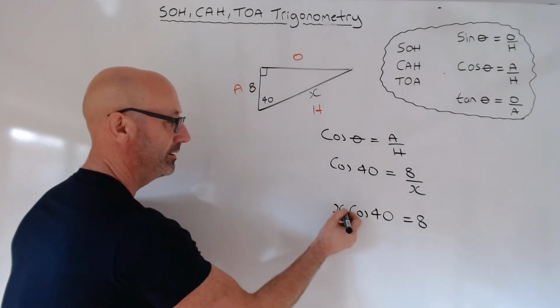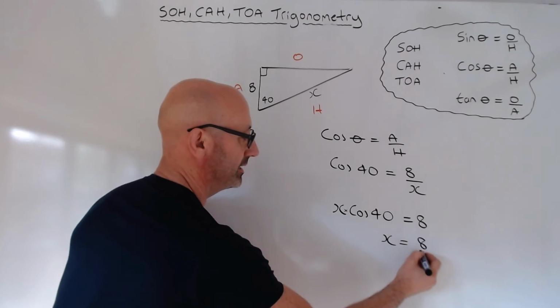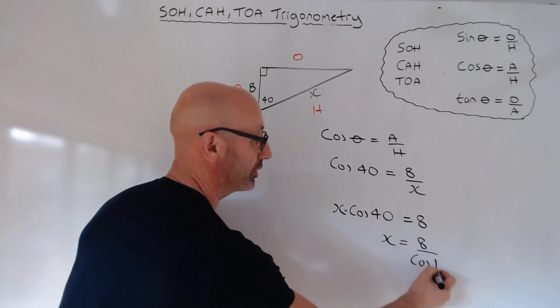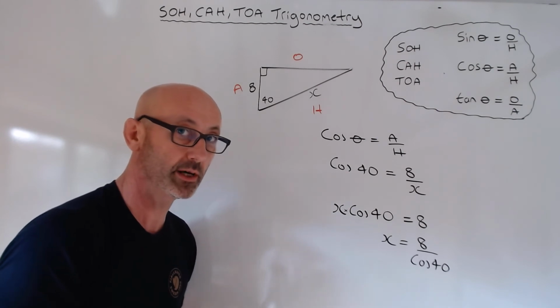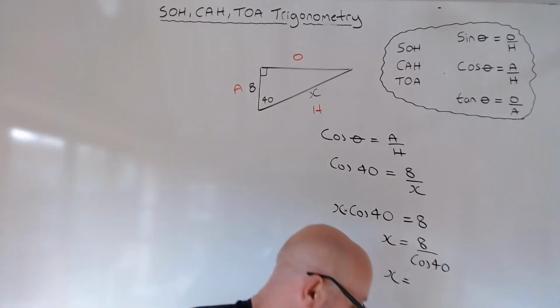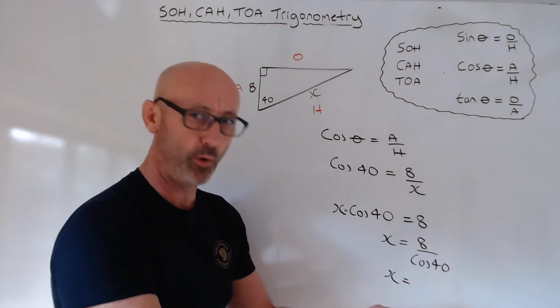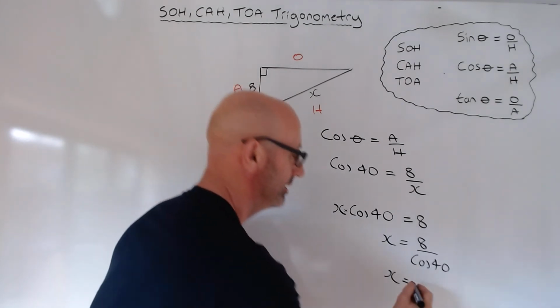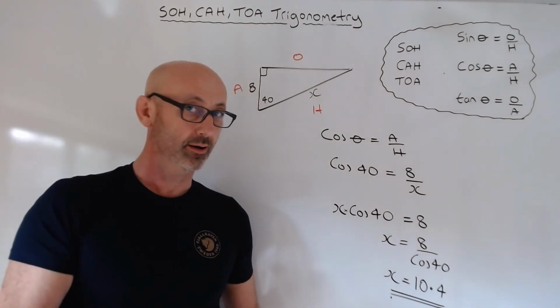And then the opposite of times is divide to put the cos 40 on the other side. Okay, so you then just have to press the buttons of your calculator and bosh, out comes the answer 10.4. Yes.